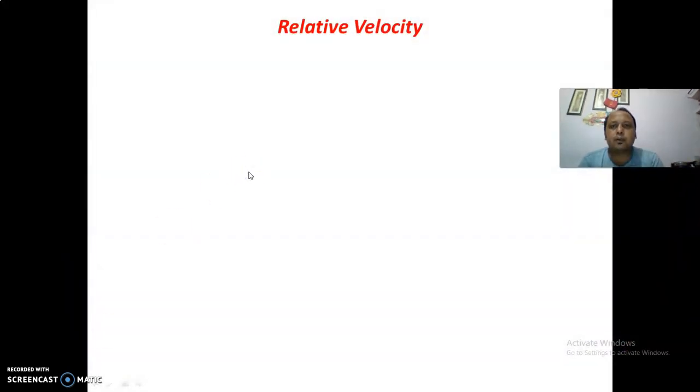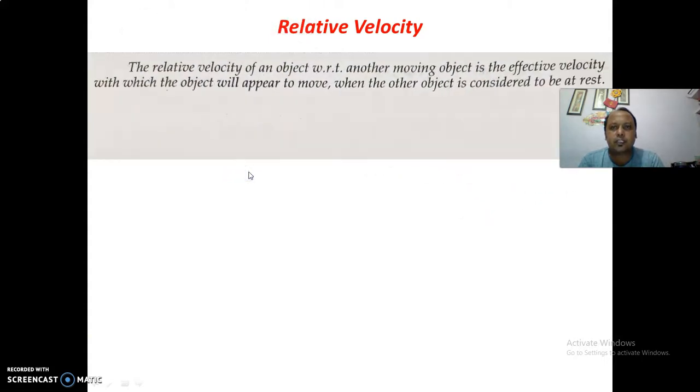So relative velocity is the velocity of an object with respect to another moving object, and is the effective velocity with which the object will appear to move when the other object is considered to be at rest. That is, two objects are moving. You are sitting in one of the objects and you are measuring the velocity of the other object.